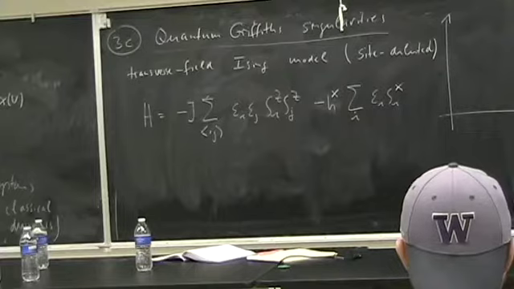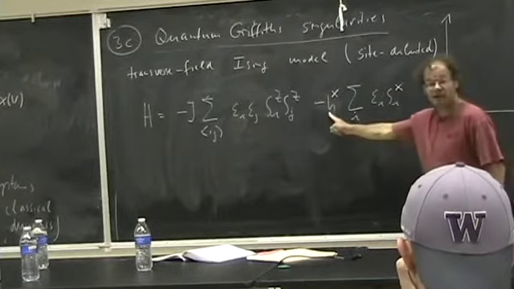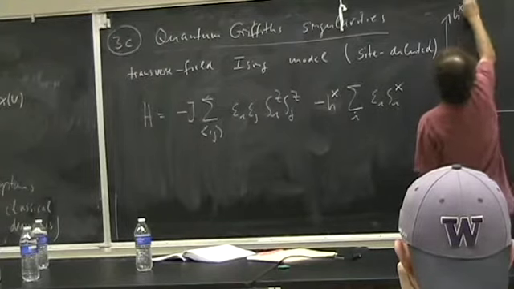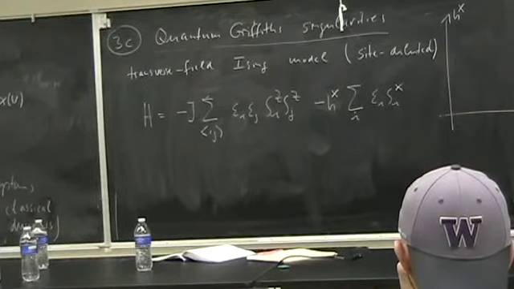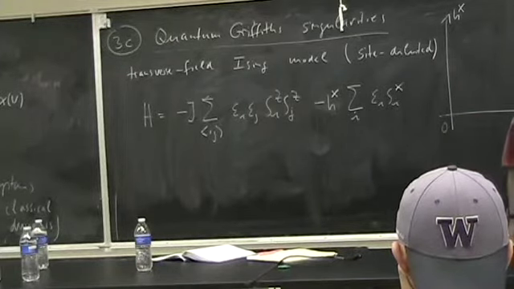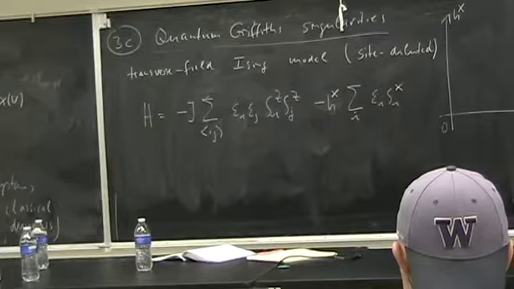So instead of tuning by temperature, I'm tuning the magnetic field here, the transverse field. And on the x-axis, I have dilution as before, between 0 and 1. We already know we probably have to think about the percolation threshold somehow. It did play a role in the classical case.